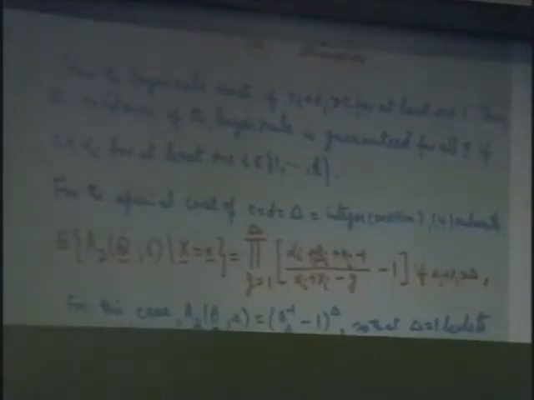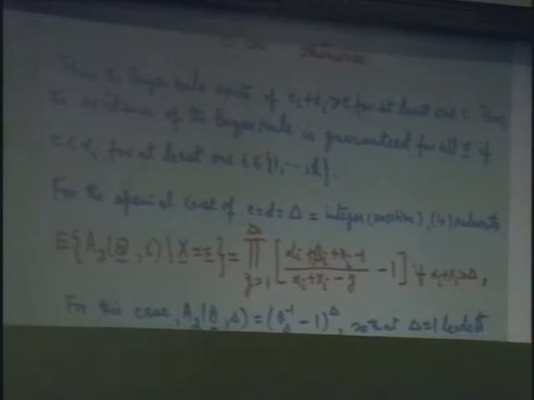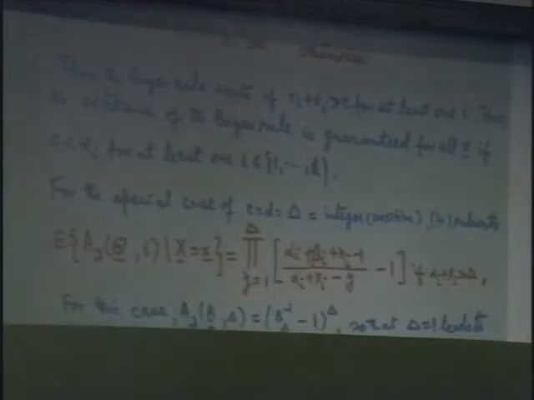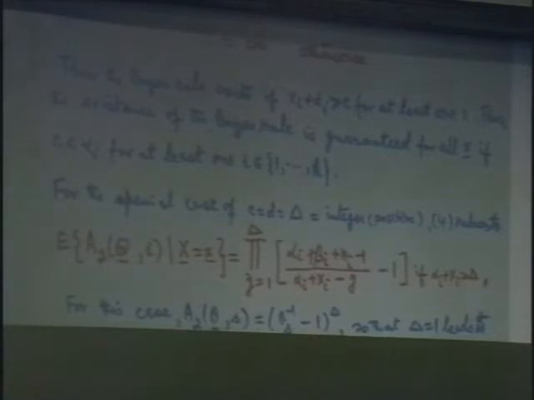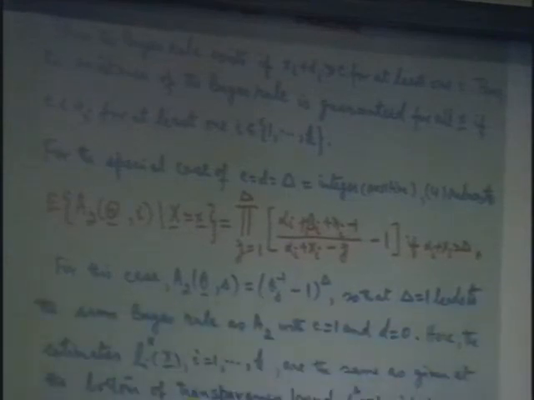If you make a little further specialization, if you choose c and d, which enter in that loss function, to be c equal to d equal to delta, which is a positive integer, then the computation reduces further, and equation 4 reduces to this particular case.